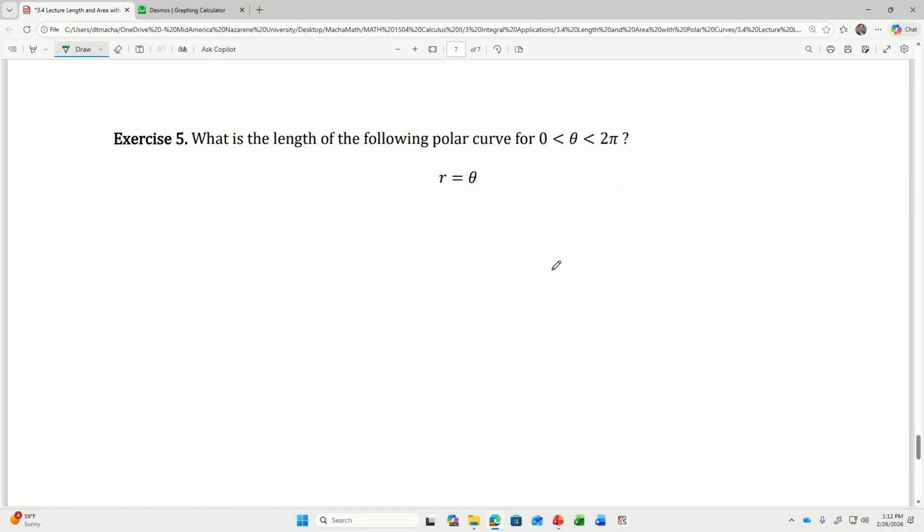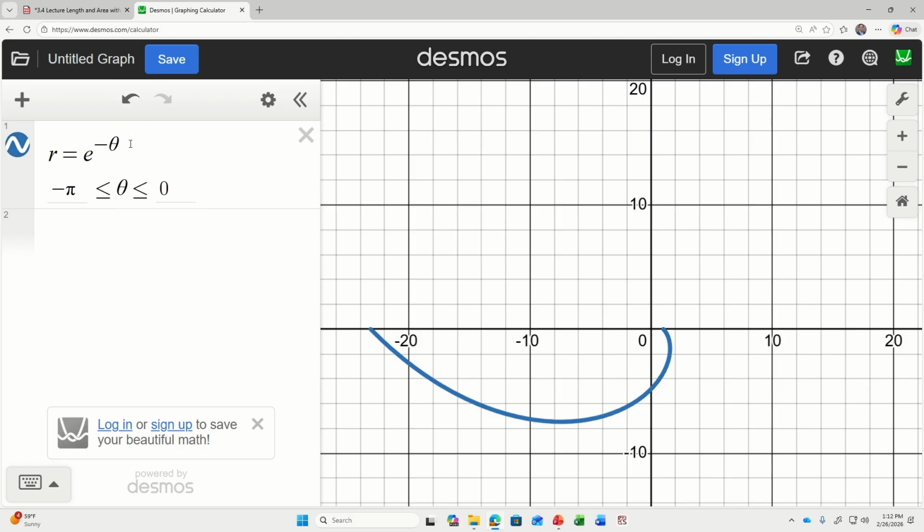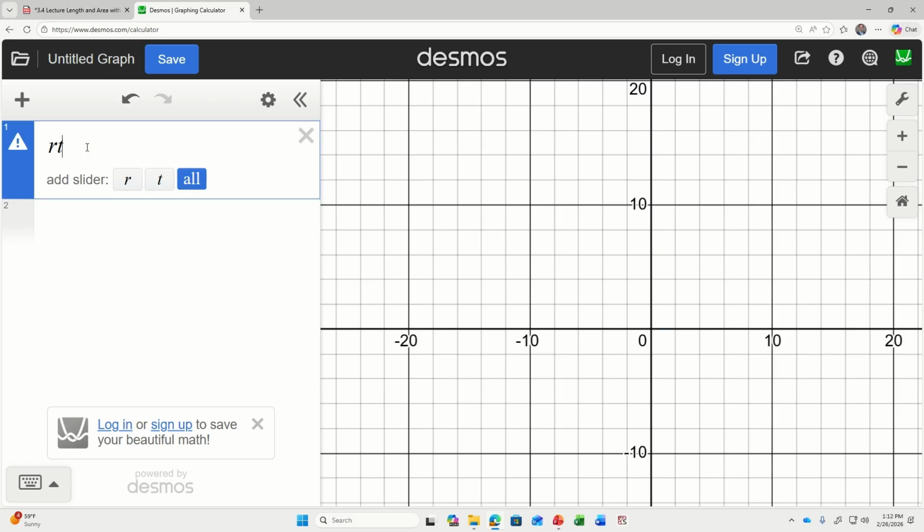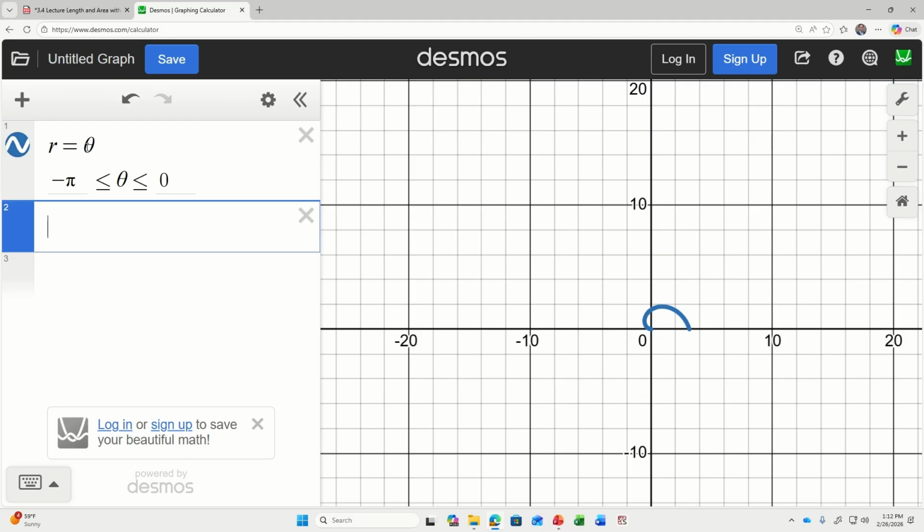All right, what is the length of the following polar curve? R equals theta for 0 to 2 pi. So R equals theta for 0 to 2 pi looks like this.